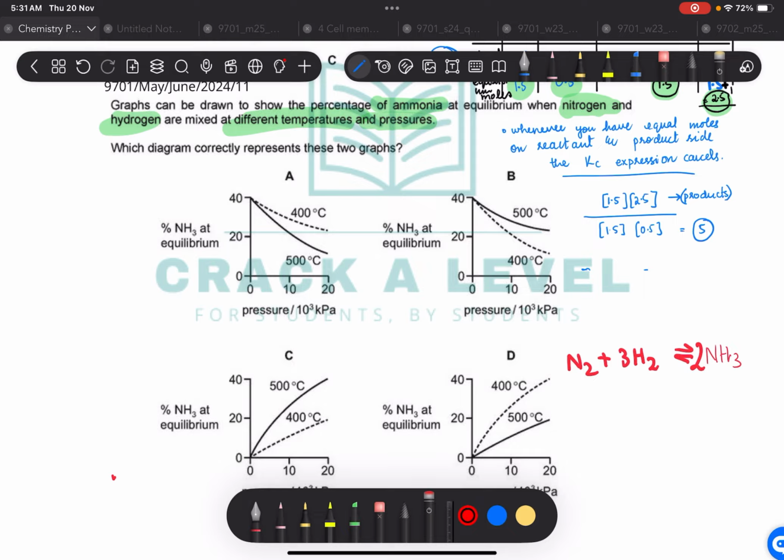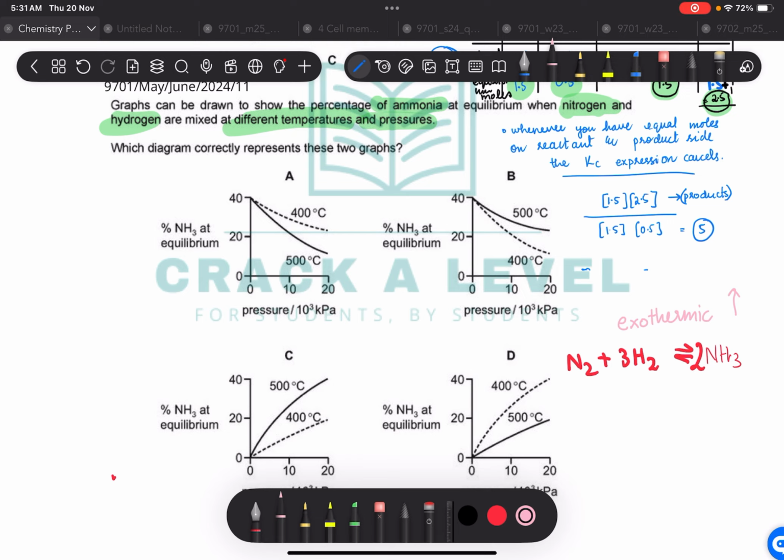So now first we need to realize one thing, the effect of temperature and pressure. This is an exothermic reaction. So that means that if we increase the temperature, ammonia should decrease.